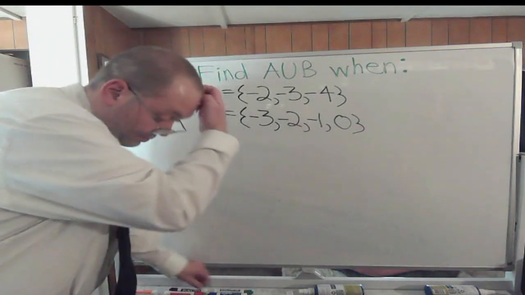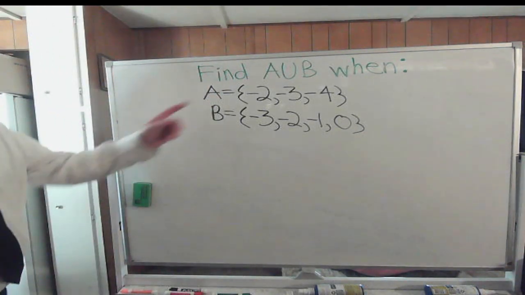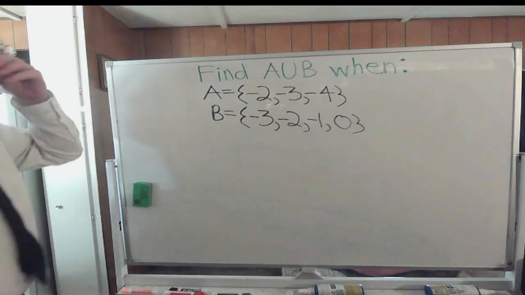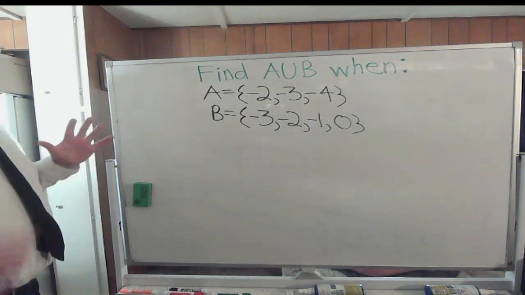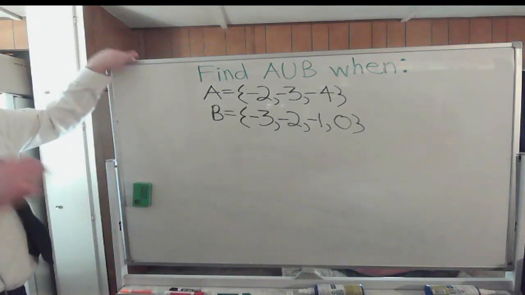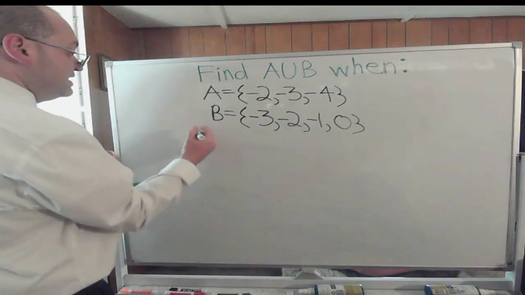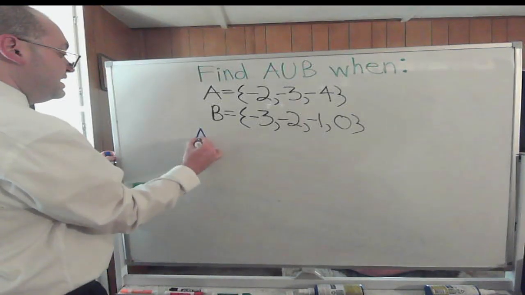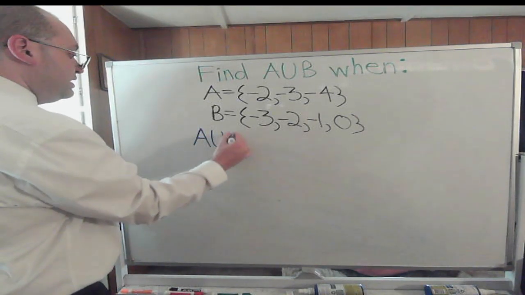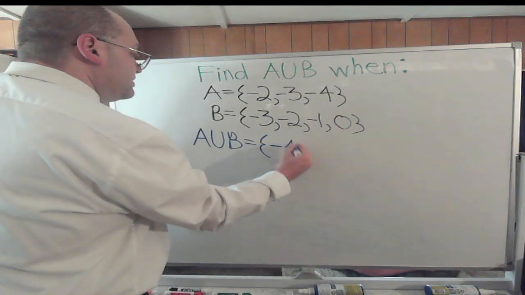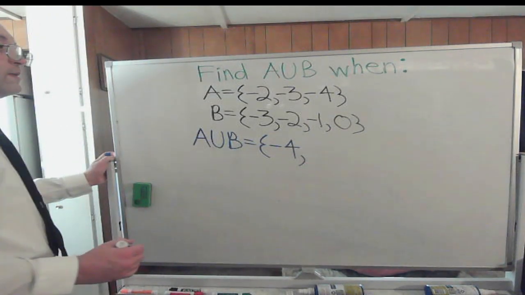So what we want to do is find the union of sets A and B. Well, start with your smallest number that you can find. Your smallest number is -4. You only find that in set A. We're going to take A and union with B. That'll give you the set of -4 to start with, because we want to go in numerical order.